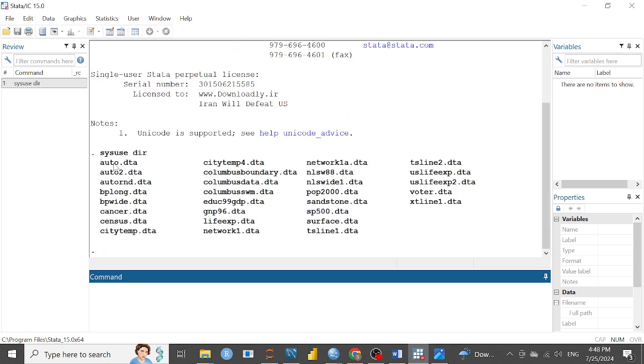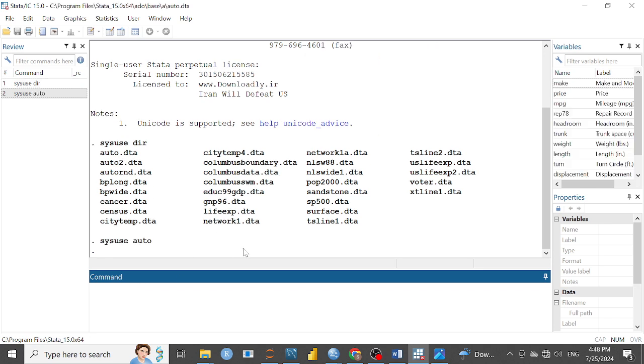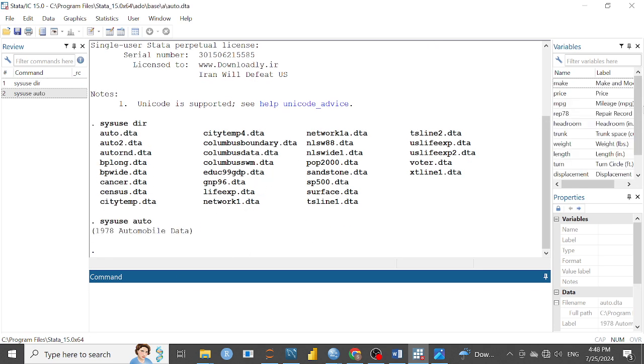I want to make use of this auto data. So I can now say sysuse auto. This is what I want to use. Apply it. These are the variables.